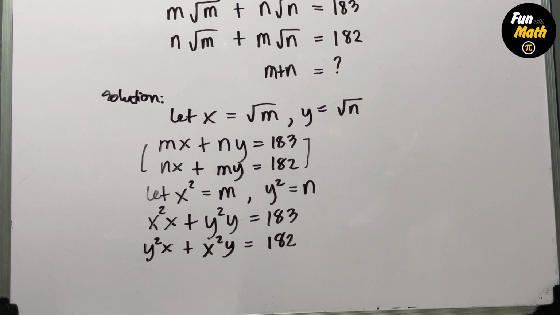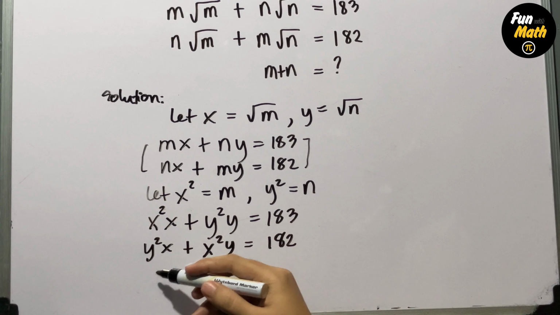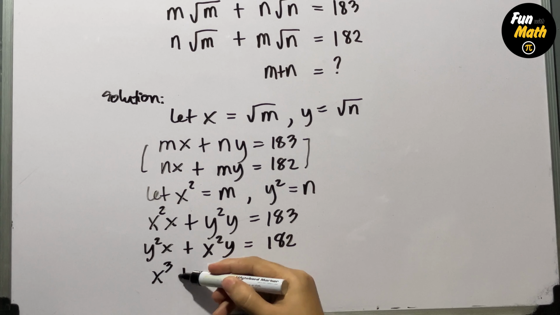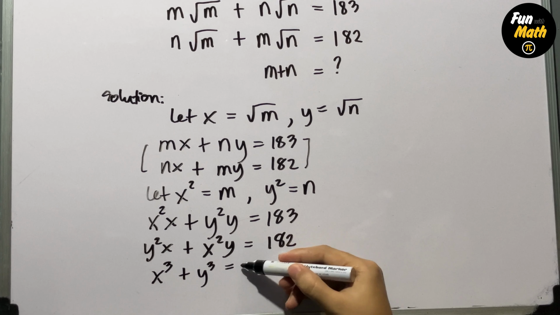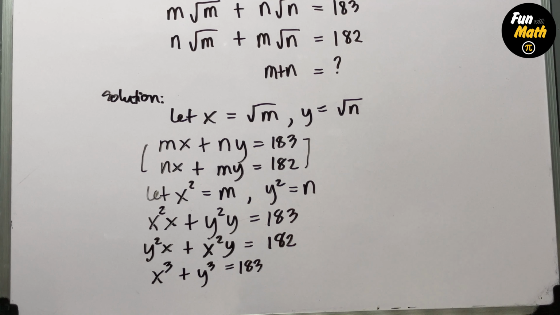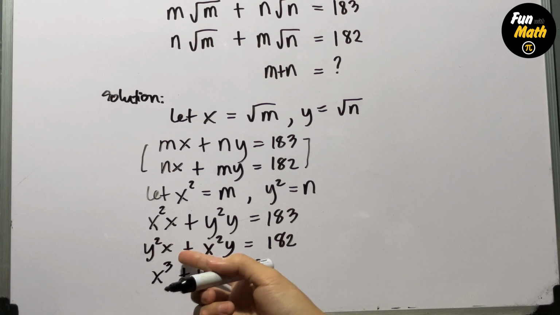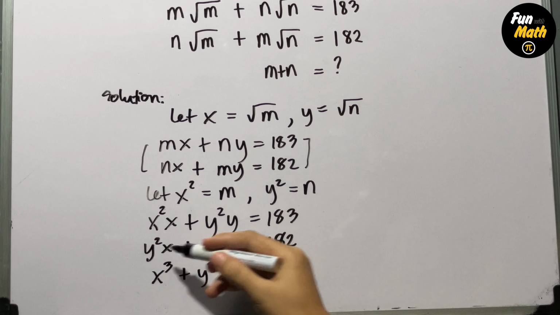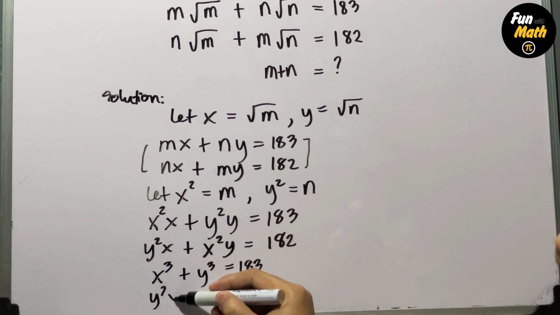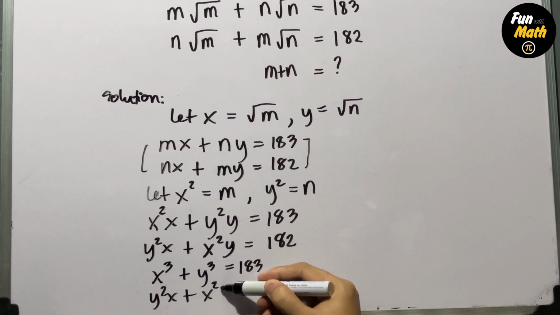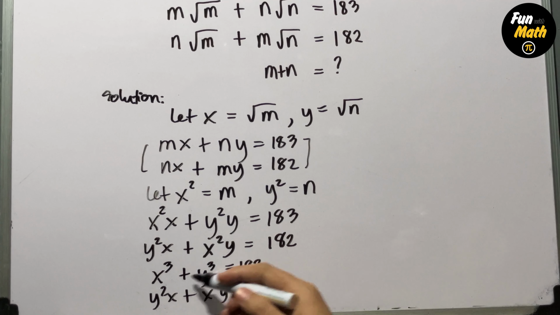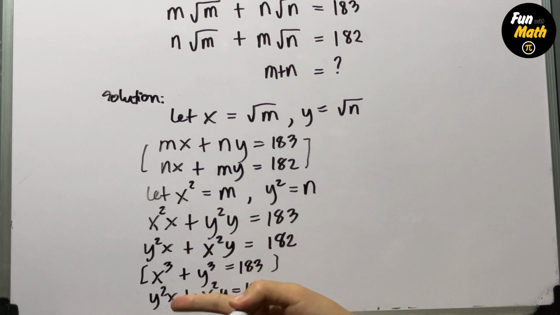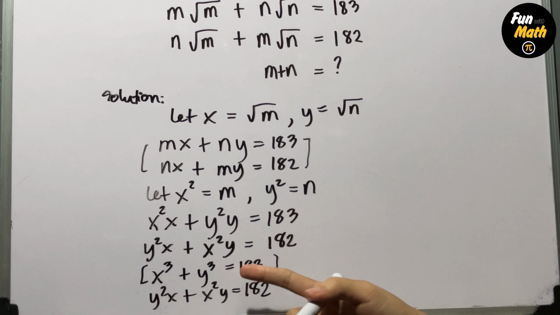And then we can add the power: x squared x, that is x cubed, plus y squared y, that is y cubed, equals 183. Here, y squared x plus x squared y equals 182. Now, x cubed plus y cubed equals 183.